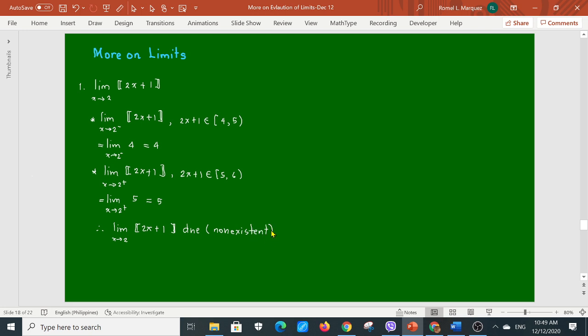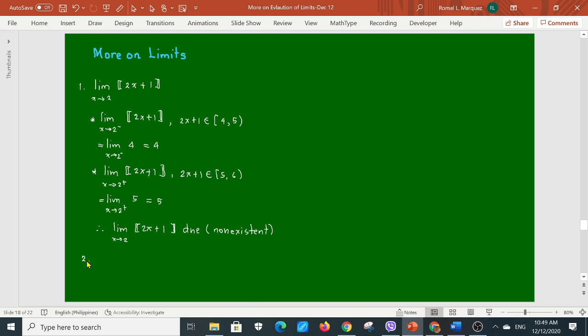Or no limit. It has no limit. So again, the limit of the greatest integer of 2x plus 1 as x approaches 2 does not exist.